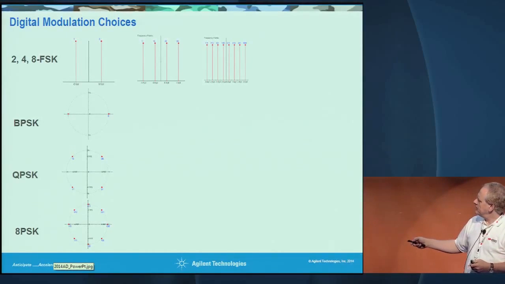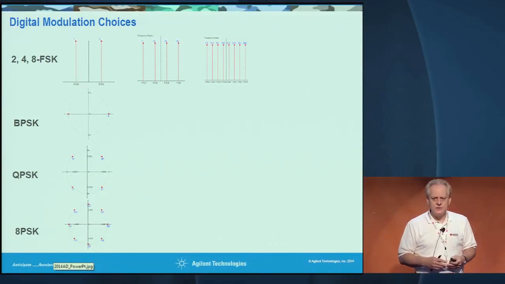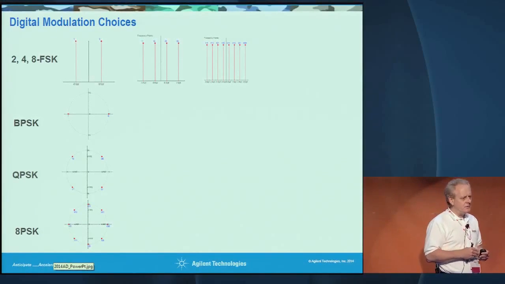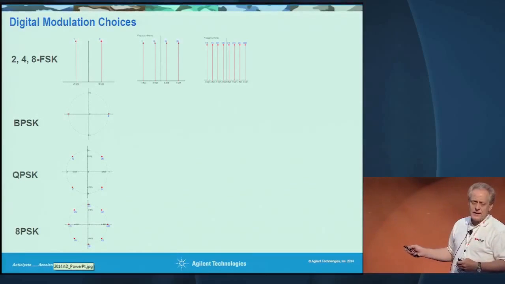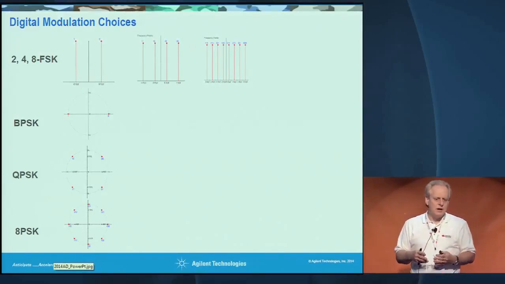So 8 PSK going up to 16 and 32 APSK are the newer formats. What you find now is that higher modulation formats are being used to pack more bits per symbol, to deliver more data per unit time for a given amount of spectrum. So the spectrum occupancy is very, very high.